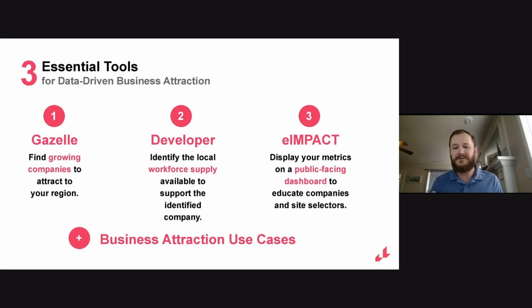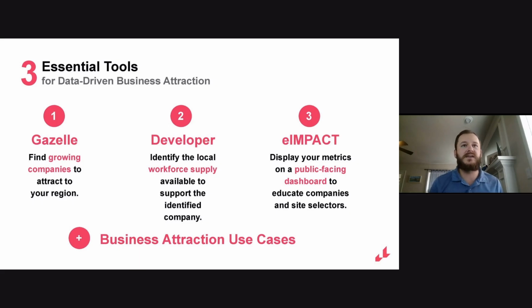We also have what I would call reactive business attraction or RFI response, really looking for these RFIs from companies or responding to them when you receive them to provide information on your workforce and on your region. We're going to look at both sides today, but primarily we're going to be focusing on the proactive business attraction side of things.